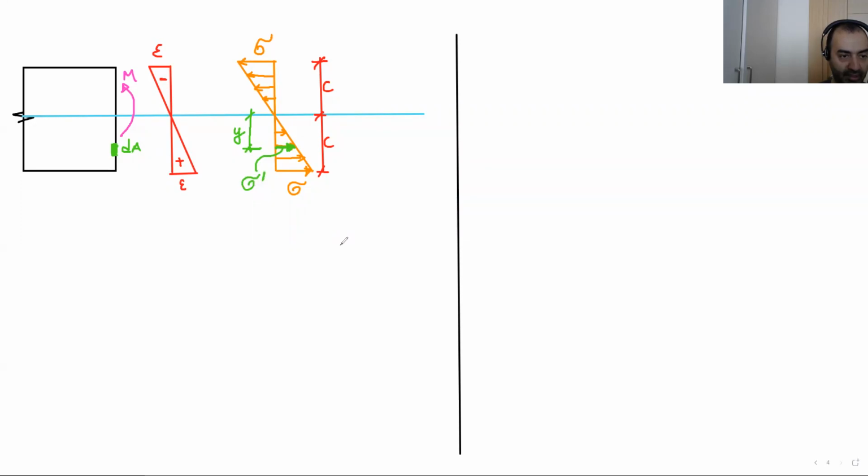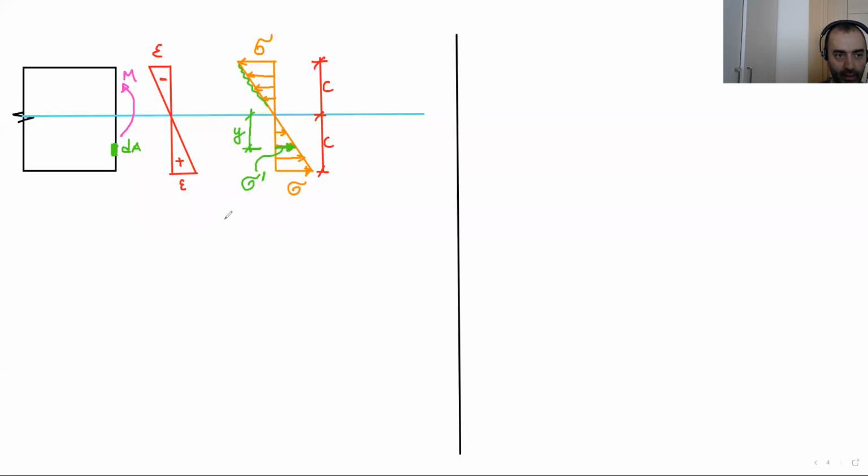The maximum stress is sigma. And here the required stress is sigma prime. By the way, since we made the assumption that planar sections remain planar after bending, we can draw the stress distribution like a line, as you can see, like this line.